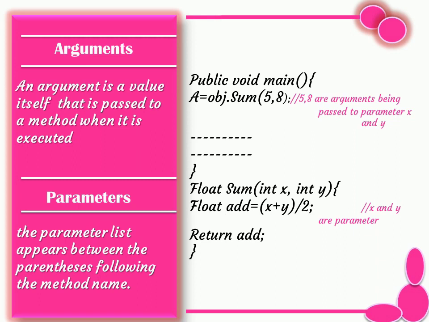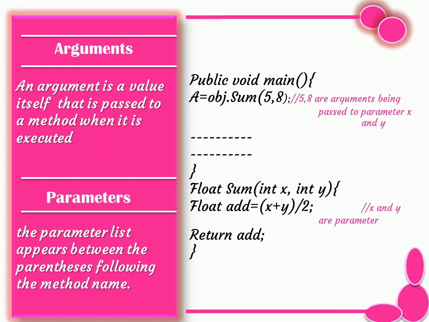So just look at the program over there. In the main function, a is equal to object.sum(5, 8). So this 5 and 8 are the two arguments we passed to the parameters which are already declared in the program.